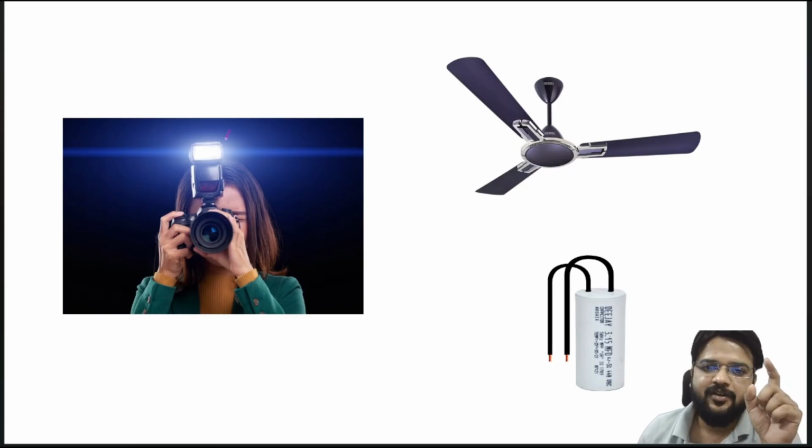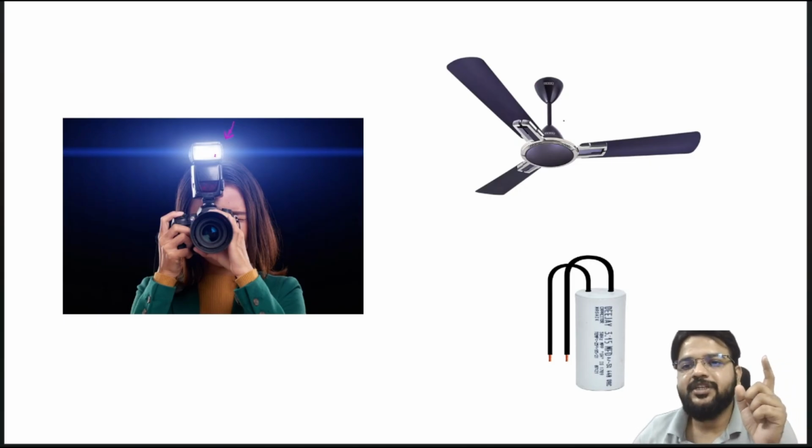When we click on the camera, we require a large amount of energy for the flashlight, and one capacitor connected inside provides it. It stores a large amount of energy, and we require this large amount of energy for a short interval of time. That's why we use a capacitor here, correct?